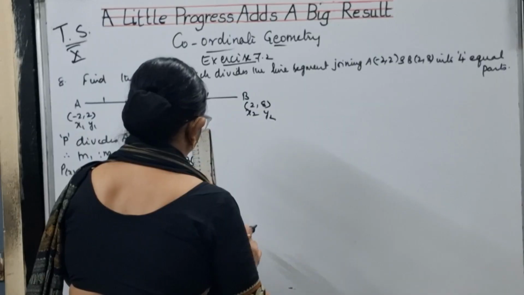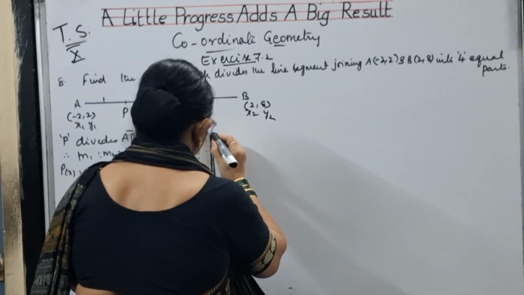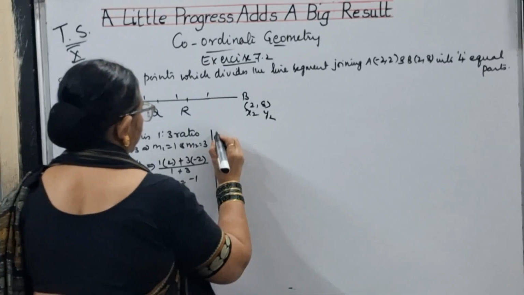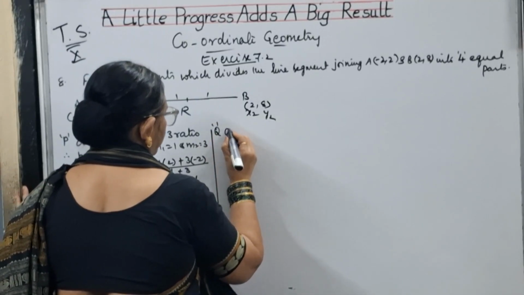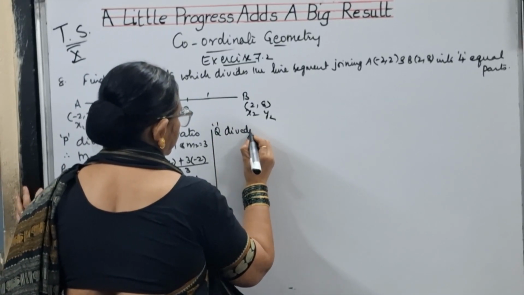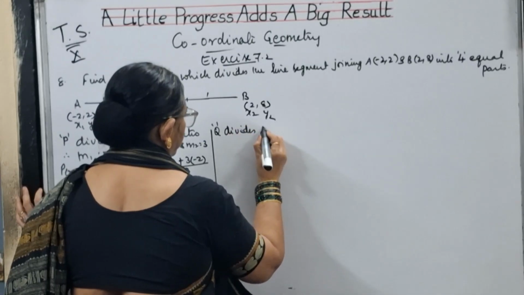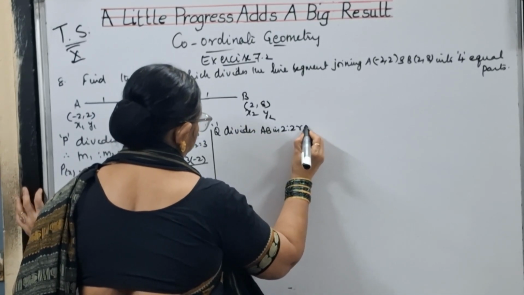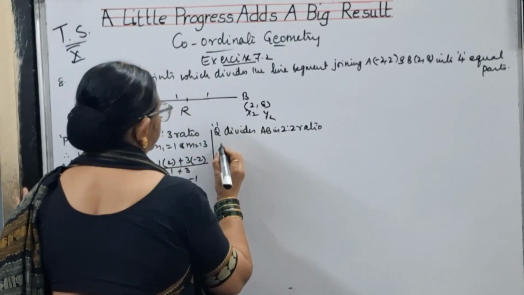Now, let us see the Q coordinates. Q divides AB in 2:2 ratio, same ratio.